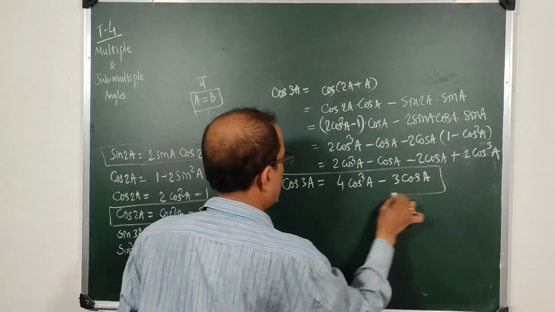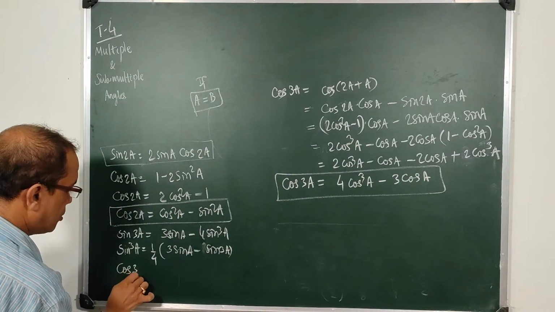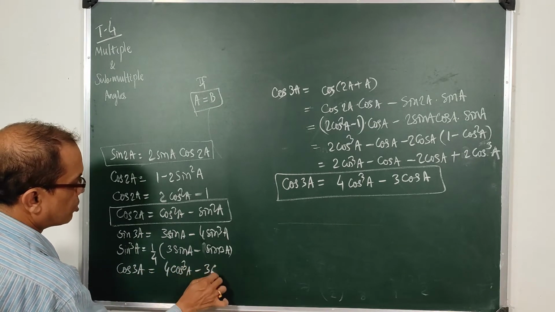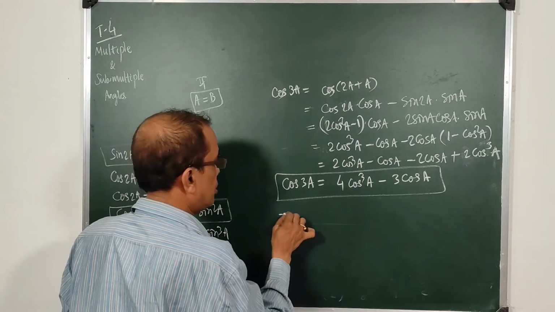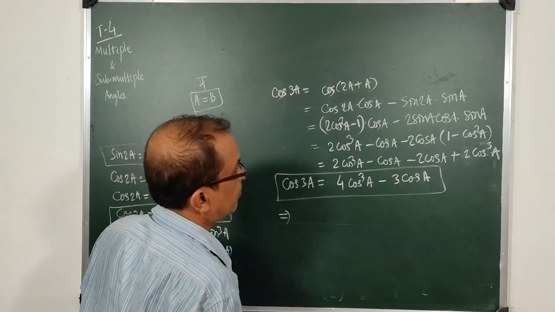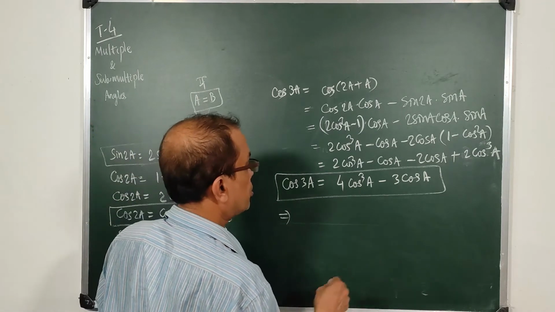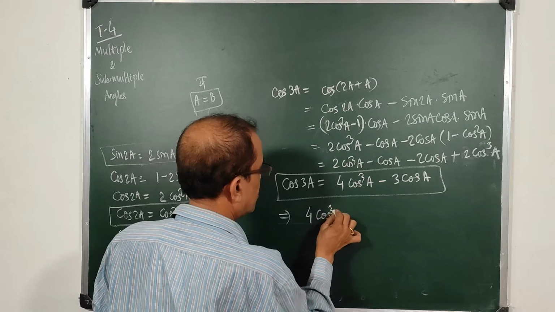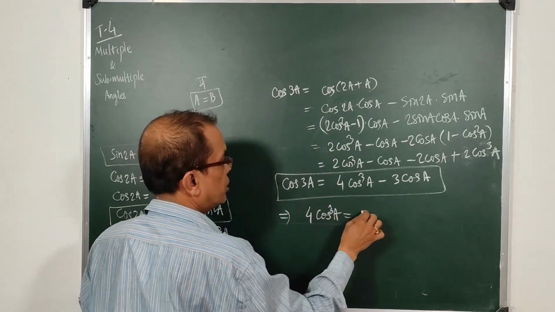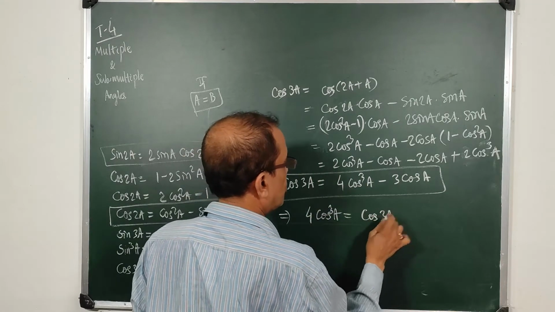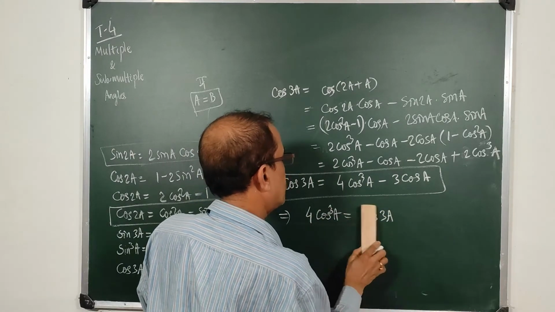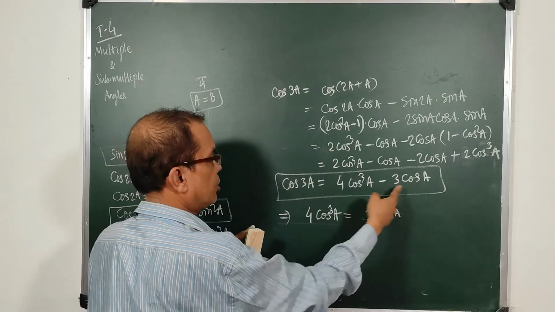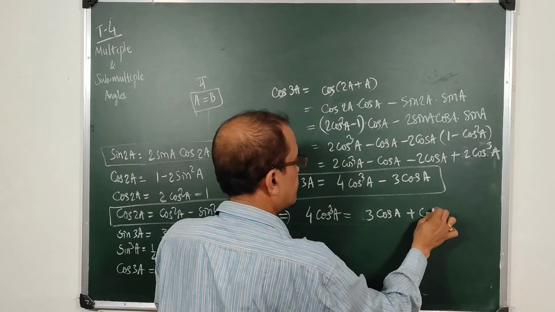We got a new formula. Write it here. Cos 3a is 4 cos cube a minus 3 cos a. And similarly for 12th class application purpose in integration, this can be converted as 4 cos cube a equals to this side, so cos 3a, cos a, this side it becomes plus cos 3a.